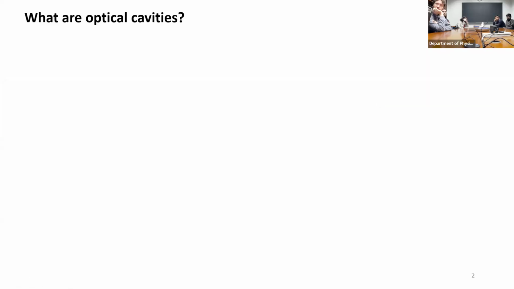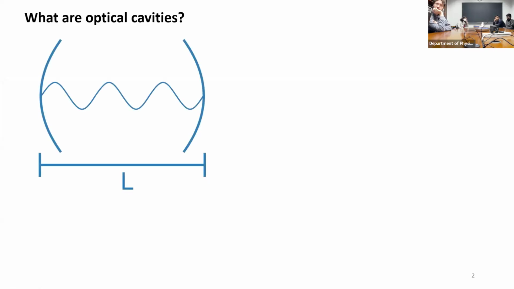So what are optical cavities in general? An optical cavity is the volume between two highly reflective surfaces. If you imagine two surfaces and you send in light through one side, a fraction of that light enters this volume, and then the light bounces back and forth according to how much reflectivity there is, and then a fraction of that light emits on the other side.